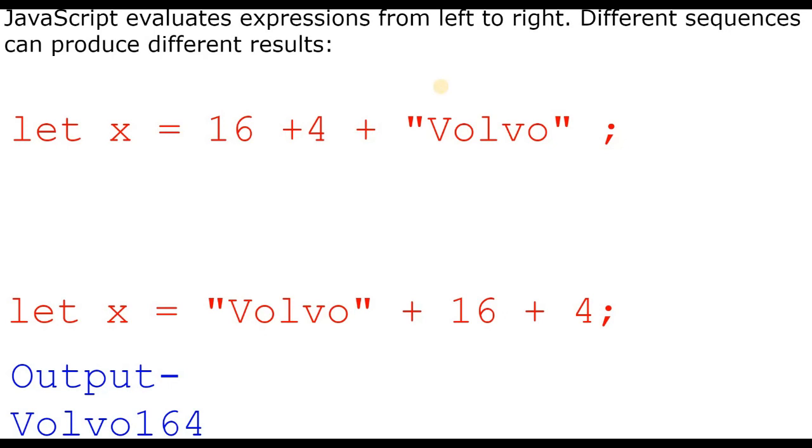For example, let x = 16 + 4 + "Volvo" and let x = "Volvo" + 16 + 4. The second output is "Volvo164". But for the first, the output is "20Volvo", because 16 plus 4 is 20, and 20 plus "Volvo" is "20Volvo".